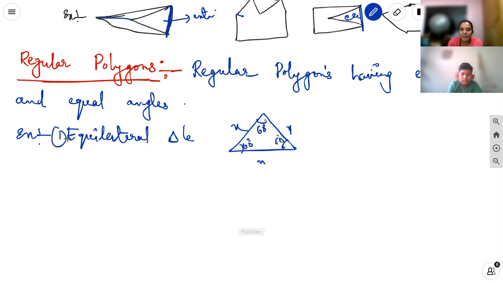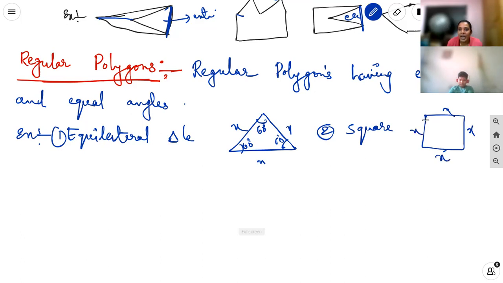This is one example. Second one is the square. In this all sides are equal. In the square also the sides should be equal and angles are equal.